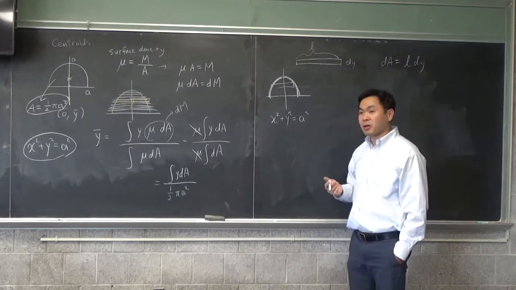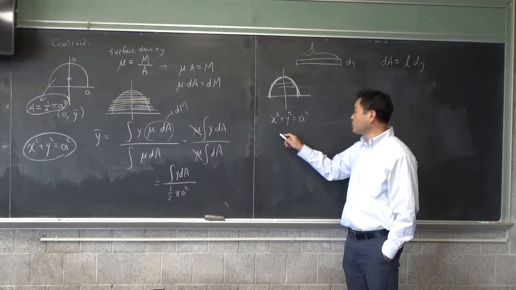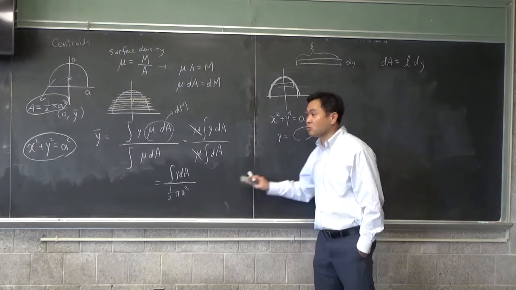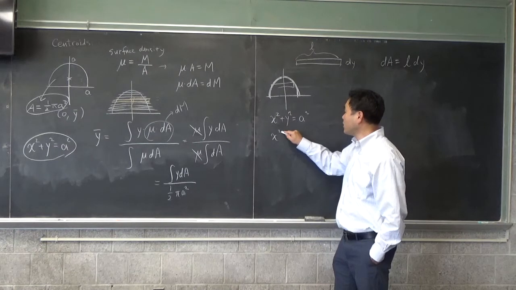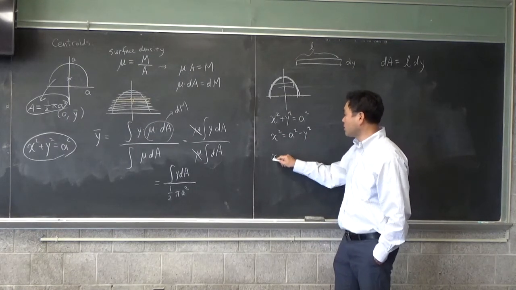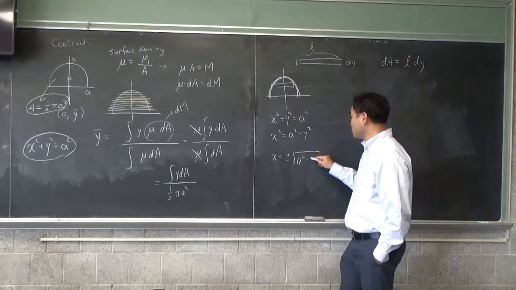So should I solve for x or should I solve for y? If you solve for y, you get y as a function of x. You have to solve for x because you want a function of y. So x squared is a squared minus y squared, and you solve for x, you get x equals plus or minus square root of a squared minus y squared.